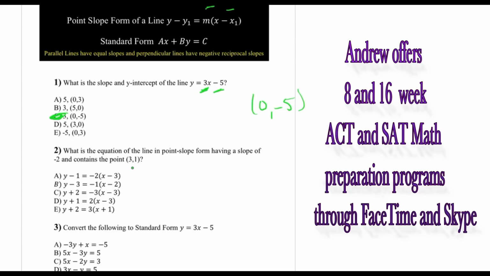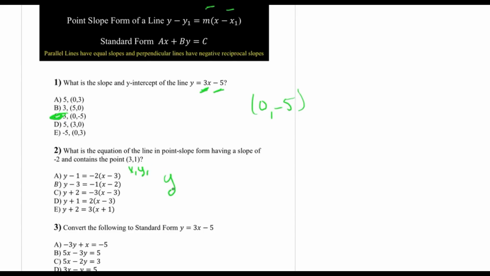So the 3 is going to be the x1, and the 1 is going to be the y1. So it's y minus 1 equals the slope, which is m, which is negative 2, times x minus x1, x minus 3. Answer choice is A.